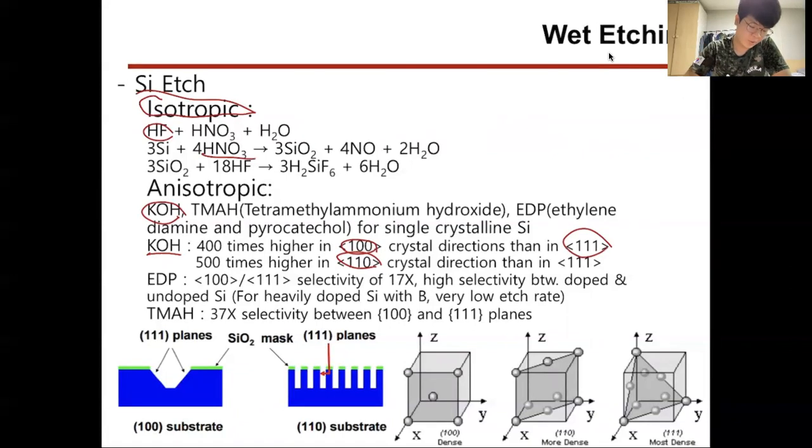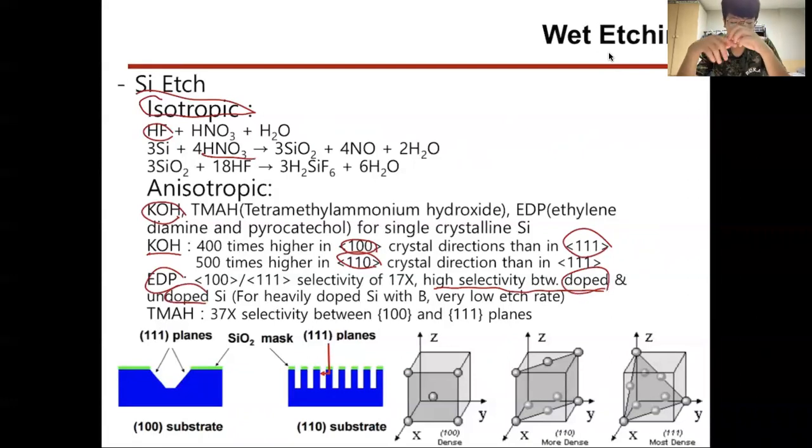For the EDP, it does not have much difference between the etch rates. However, it has a certain property that it can highly etch doped silicon. It has a higher difference of etch rate between doped and undoped silicon.